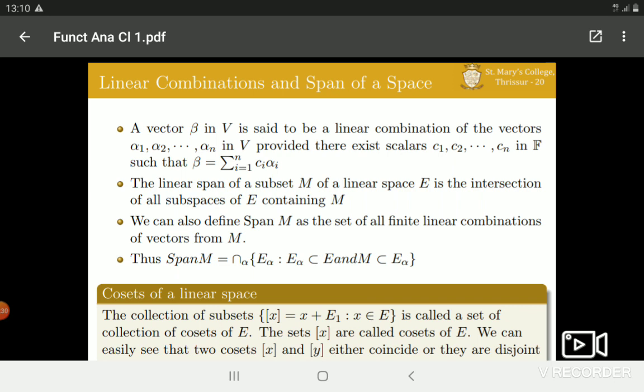Then the linear span of a subset M of a linear space E is the intersection of all the subspaces of E containing M. We can also define span M as the set of all finite linear combinations of the vectors from M. Thus span M is equal to the intersection over alpha of all E alpha such that E alpha is contained in E and M is contained in E alpha.